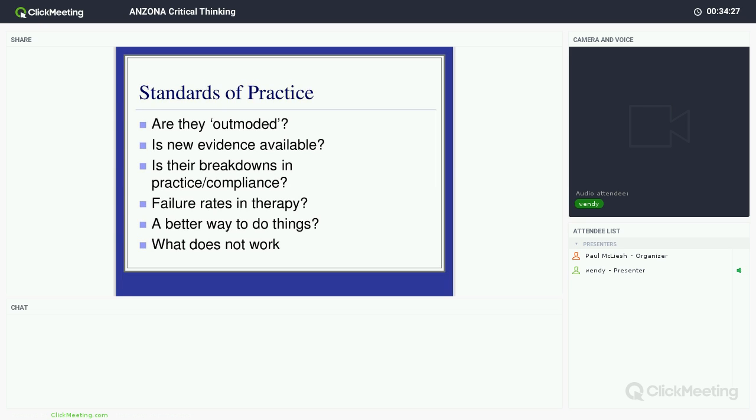Okay, what is it about that that's not working? So even though they are underpinning our practice, it's certainly something that we can get involved with to be able to look at them, improve them, so that the standard of practice and the protocols that you use in the clinical area are much more relevant to practice, and again, to the outcomes that your patients and that excellence in care.